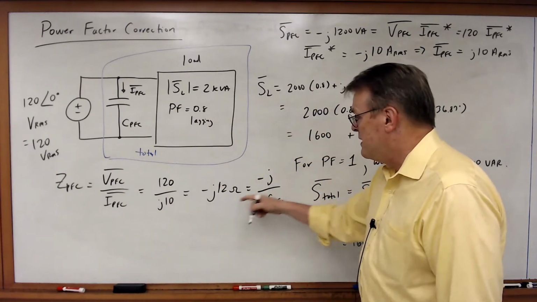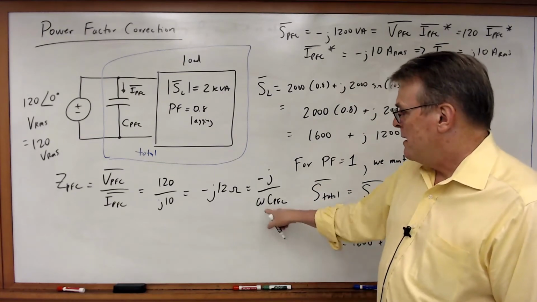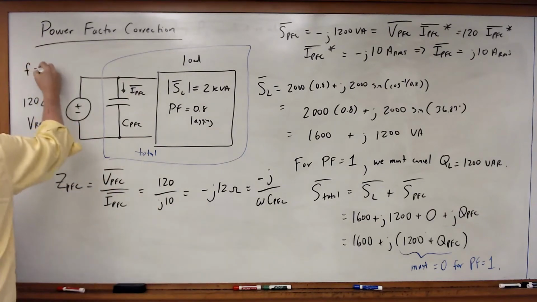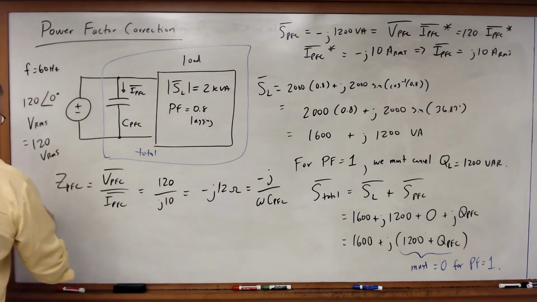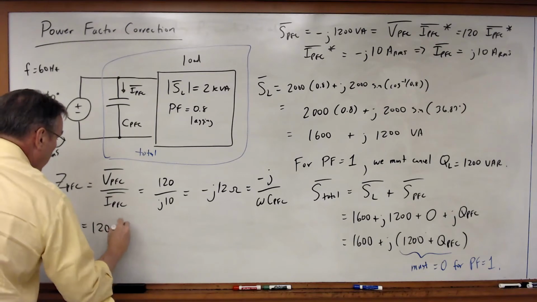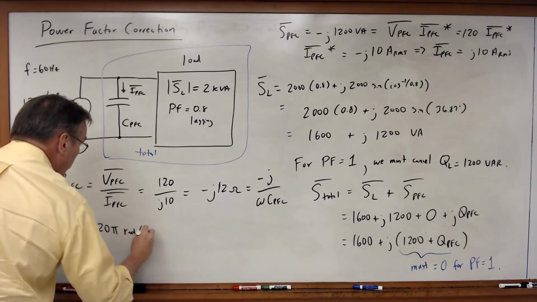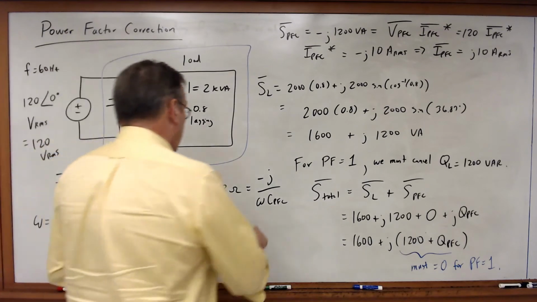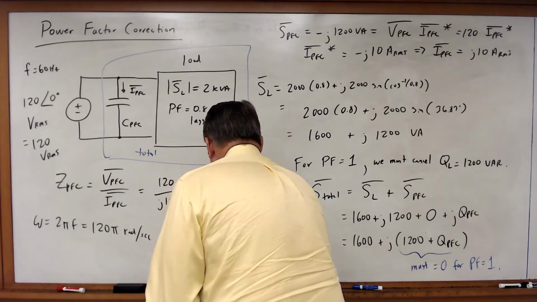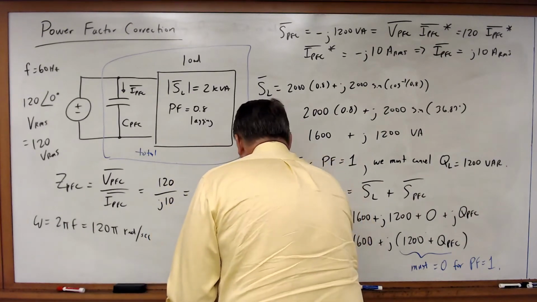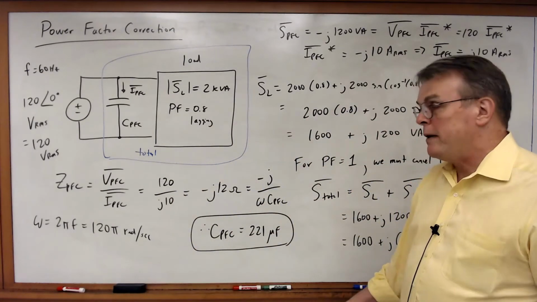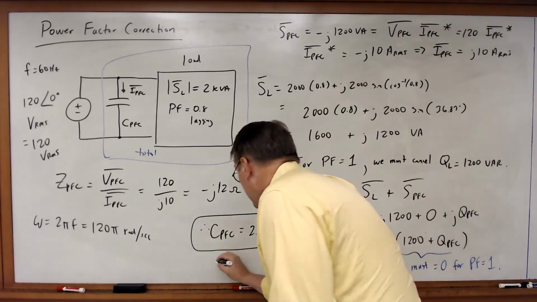Once again, definition of impedance. So what is omega? Again, if we're assuming North America, the frequency is 60 hertz, and therefore omega is equal to 2 pi f, which is 120 pi radians per second. And therefore, I can plug omega in, and what I will get is that CPFC will be equal to 221 microfarads. So here's the value of the capacitor we need in order to get a power factor of unity.